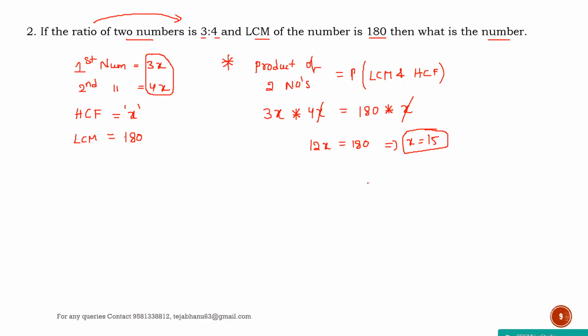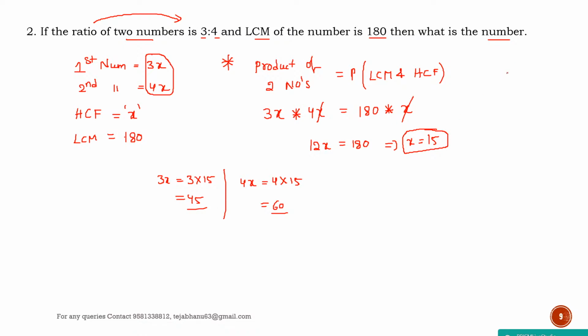The common factor x is 15. So the first number, 3x, is 3 into 15, which is 45, and the second number, 4x, is 4 into 15, which is 60. These are the two numbers. I hope it's clear.